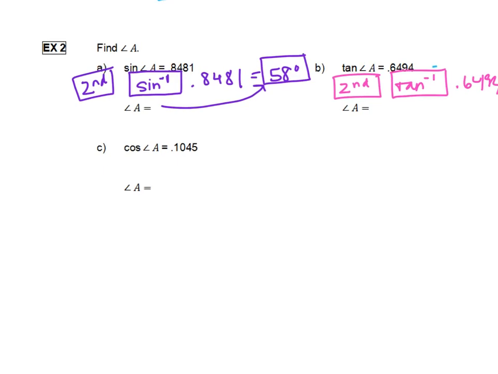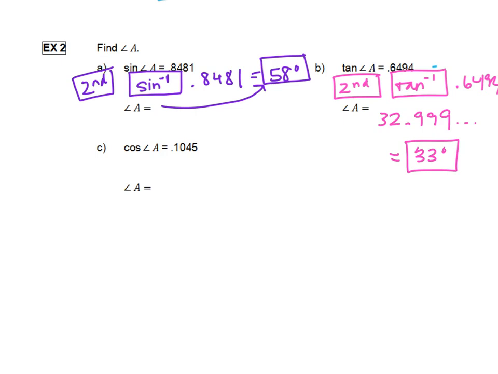All right. So inverse tangent of 0.6494, and then see if you get the same thing. I am getting 32.999. So I'm going to round to the nearest tenth, which actually just rounds this up to 33 degrees.